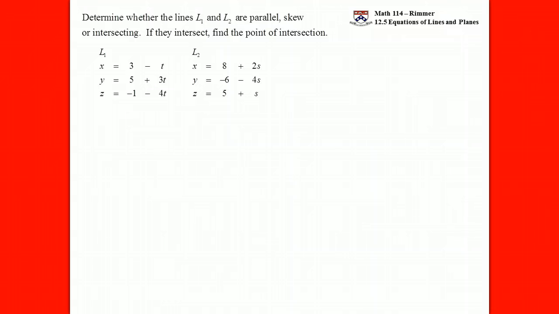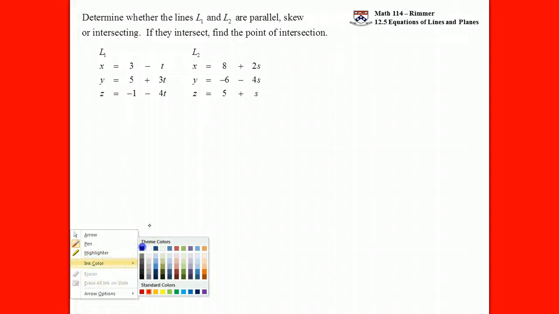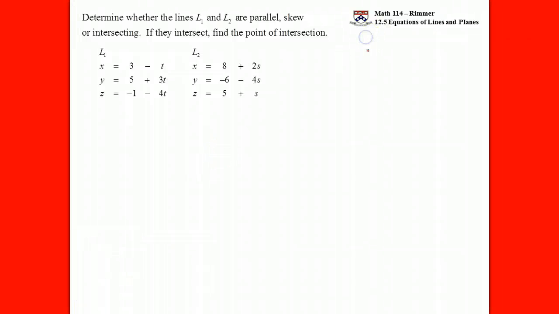The direction vector for the first one is -1, 3, -4. And the direction vector for the second one is 2, -4, 1. There's not a number that you multiply by to get the other. It needs to be a single number that you multiply one vector by to get the other. And so that's not the case. So they're not parallel.